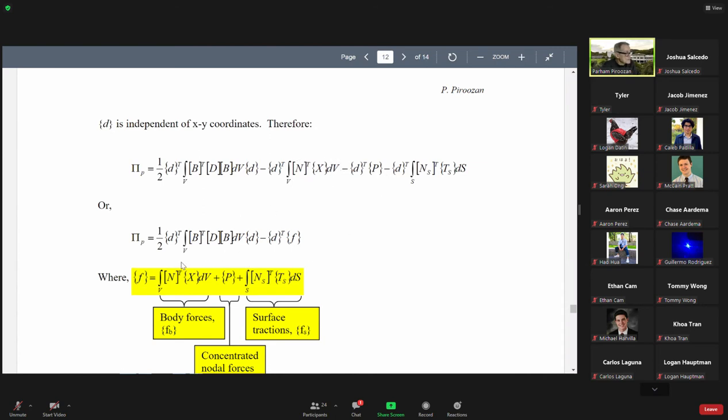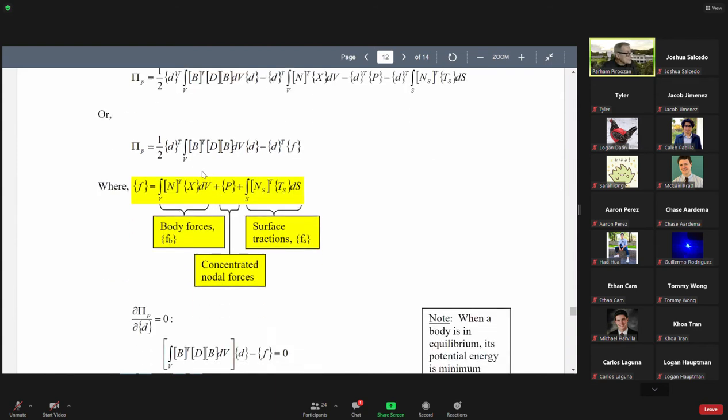This term is here, this term is here, and this term is here. This is the definition for F when we factor this out. This piece, as you see, there is body force here. This piece, these are nodal concentrated forces at nodes. And this is traction, surface forces.